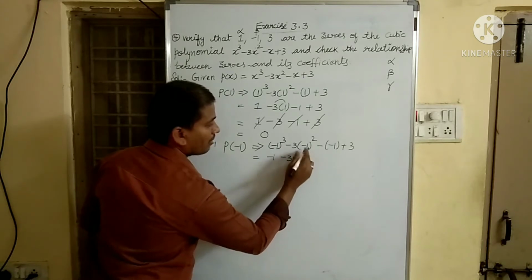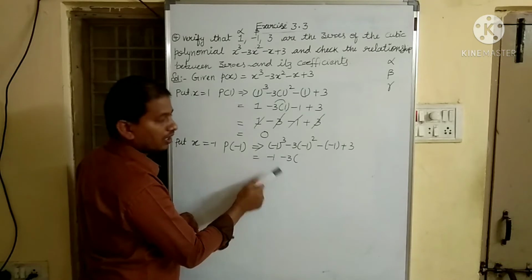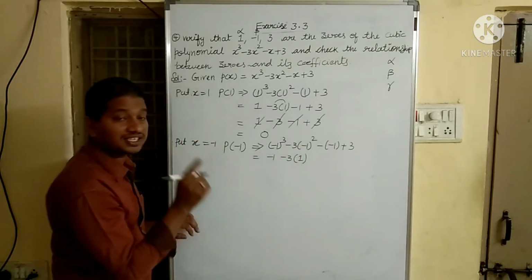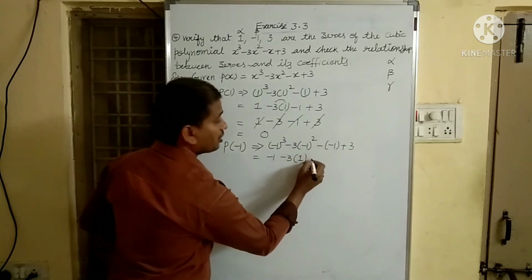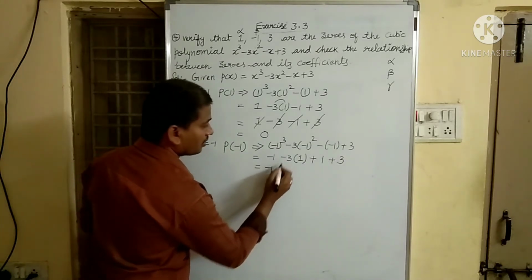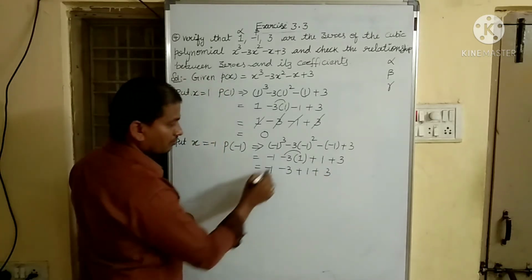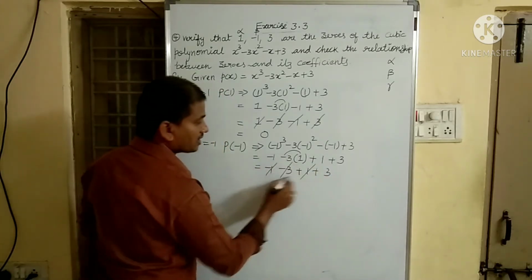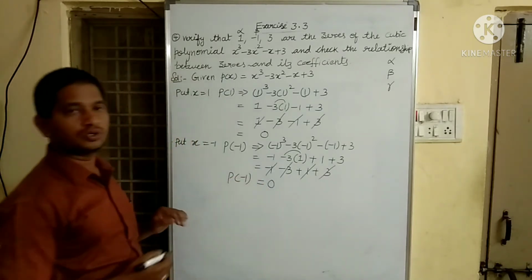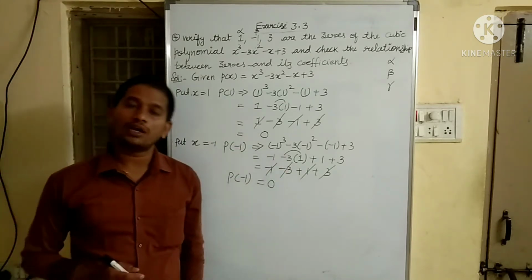If the power is odd, the result is negative. If the power is even, the result will be positive. Minus 1 whole square is plus 1. Minus into minus is plus 3. So minus 1 minus 3 plus 1 plus 3. Minus 1 plus 1 gets cancelled, minus 3 plus 3 gets cancelled. The answer is 0. We got p of minus 1 equal to 0. Hence, minus 1 is also a zero of the polynomial.